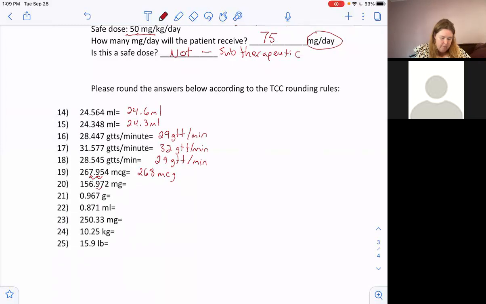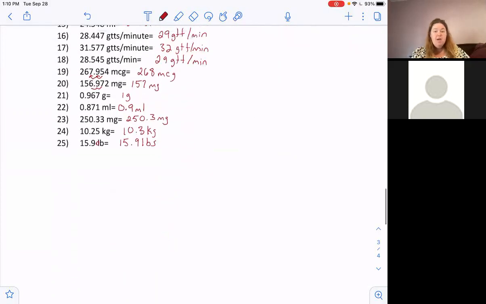And again here, so 157 milligrams, 1 gram, 0.9 milliliters, 250.3 milligrams, 10.3 kilograms, and this one is a 0, so that doesn't round at all, so it's 15.9 pounds. Okay, I hope that helped you.